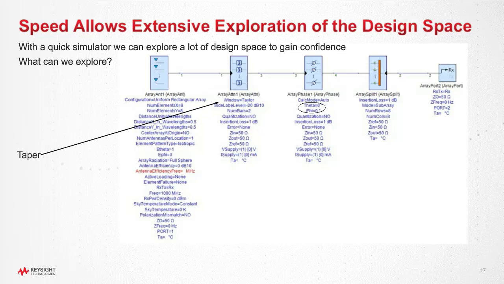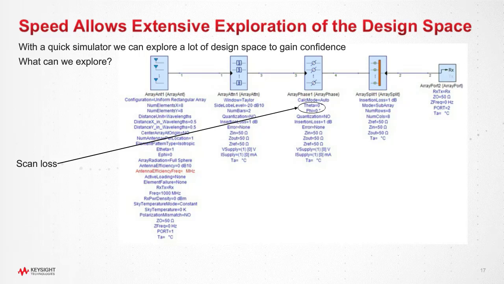By adjusting the amplitude distribution by following a windowing, what we call taper of amplitudes at the antenna elements, we can control the side lobes, and we can very quickly experiment with different types of tapers. We can easily scan the direction and see the scan loss, the acceptable range of scanning angles.